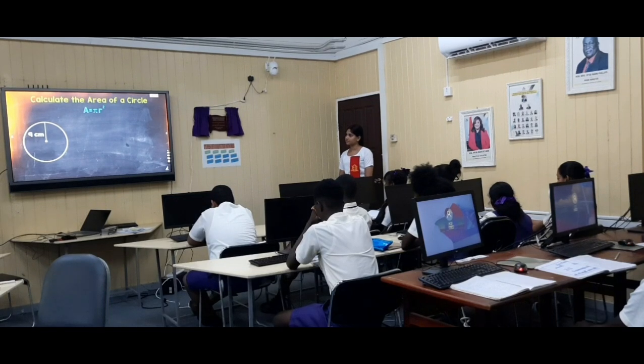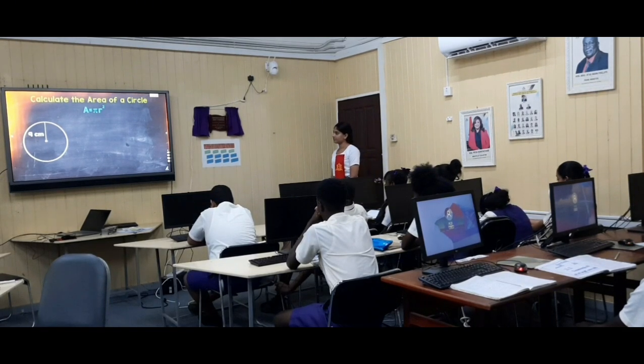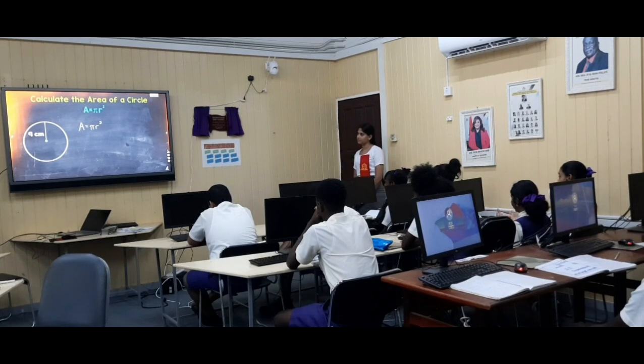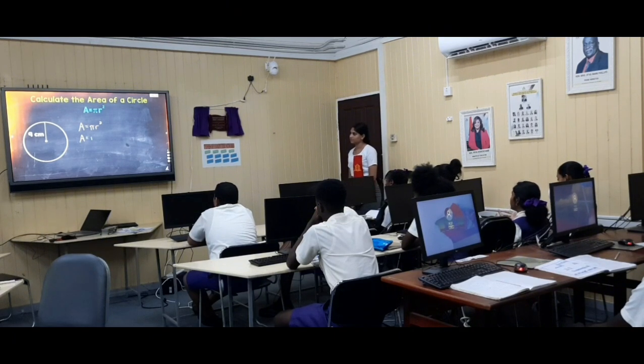Now the first thing that I'm going to do is write out the formula for the area of a circle. So area equals pi r squared. Then I'm going to plug in the radius. So area equals pi times the radius, which is 9 centimeters, squared.